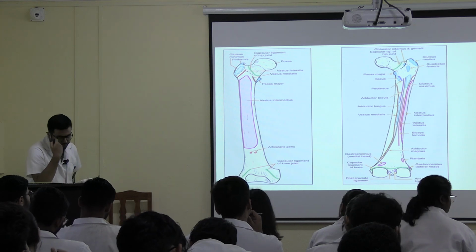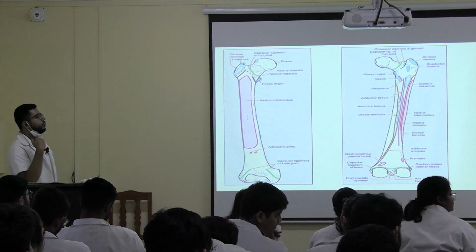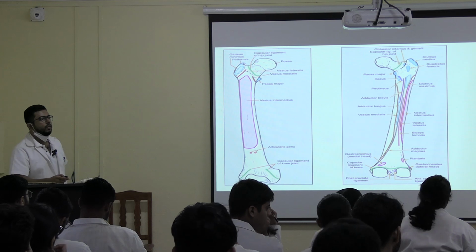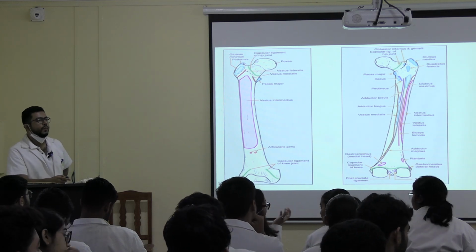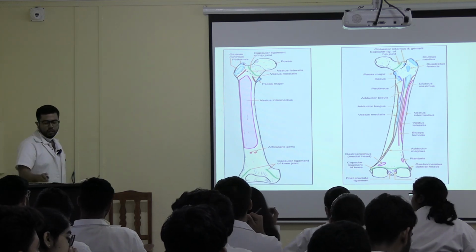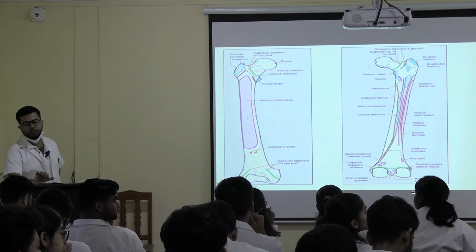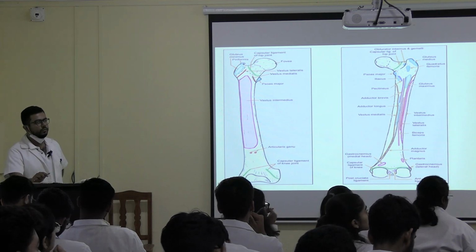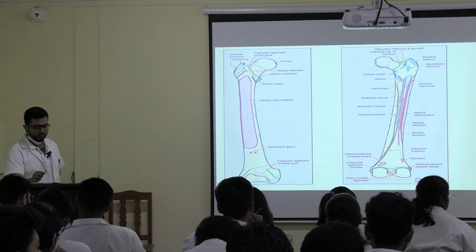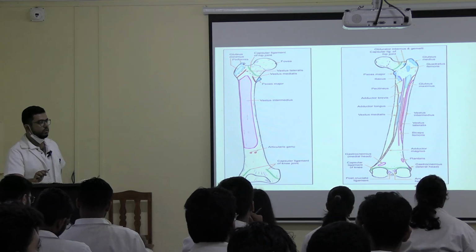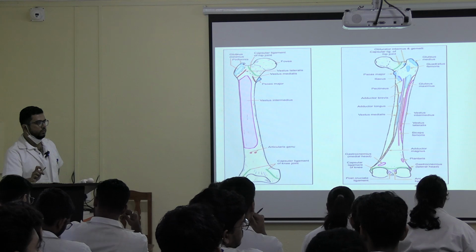So in aspect of the border, what is this border? Posterior. And the name of the posterior border? Linea aspera.